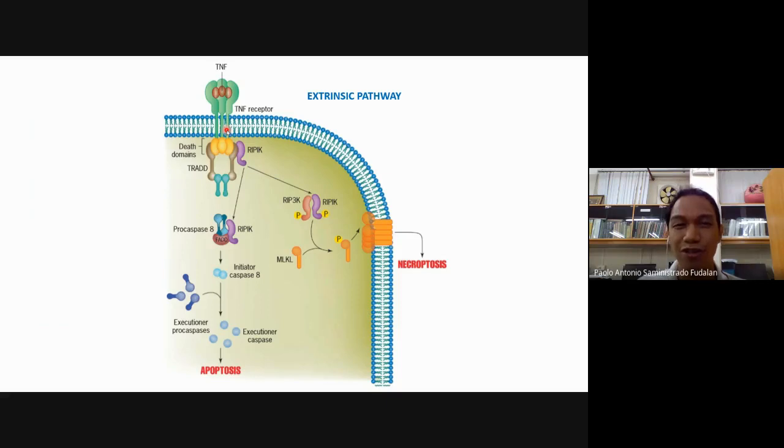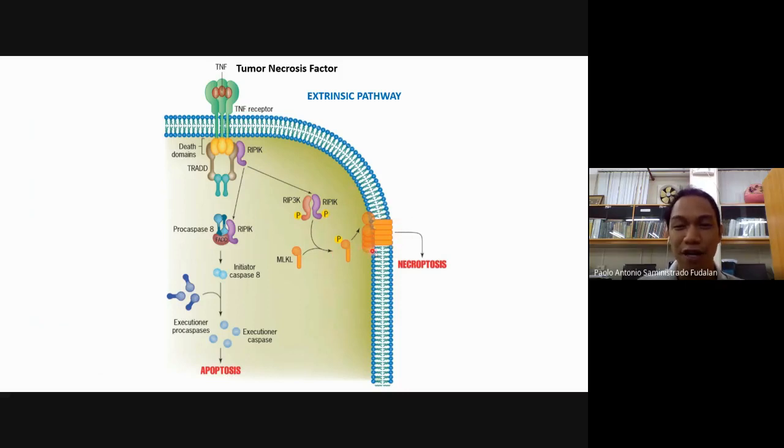Let's say it got burned. So tumor necrosis factor, or TNF, will be released and will be detected by the tumor necrosis factor receptor, and this will cause a cascade of signal transduction that will lead to the activation of RIPK, this protein, through phosphorylation, which will lead to the activation of MLKL protein, which will form a pore on the cytoplasm.